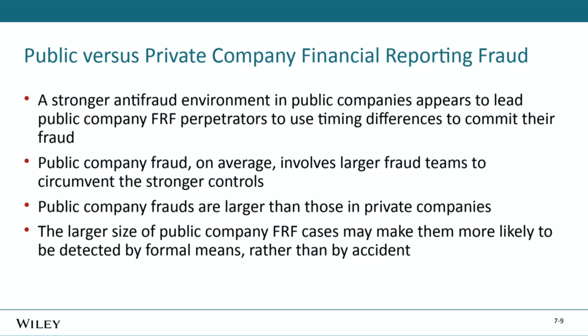So, big question is public versus private company financial reporting fraud. Remember, when we talk about public company, if you want to tie it to federal law, a public company is a company whose securities, stock, bonds, whatever falls under that label securities, are traded in interstate commerce.